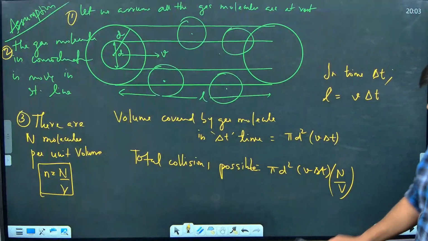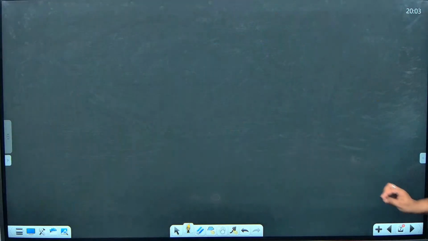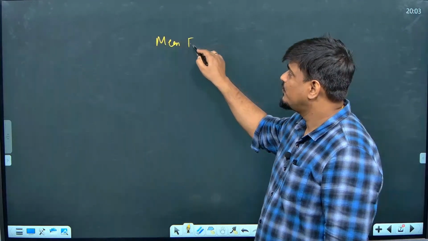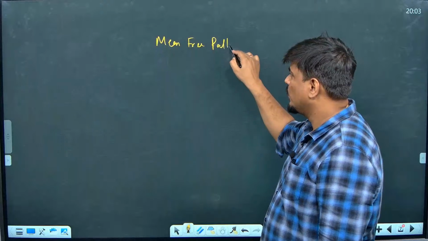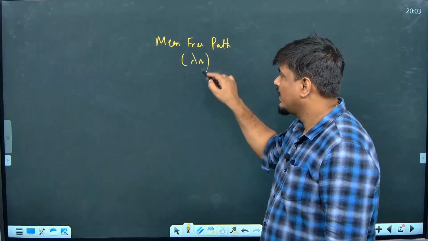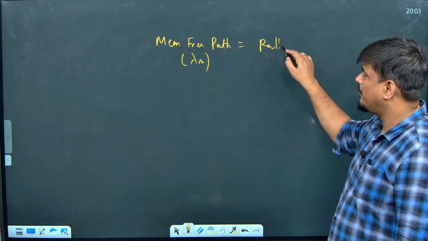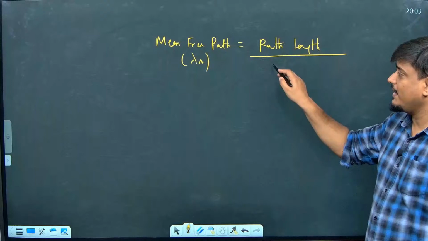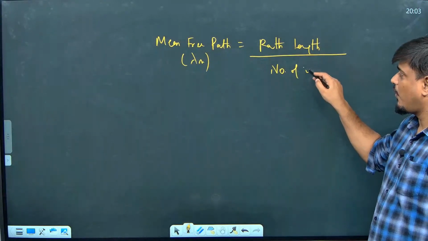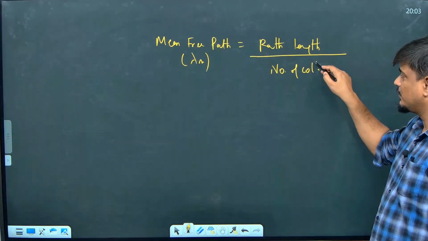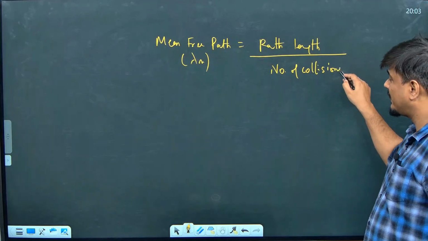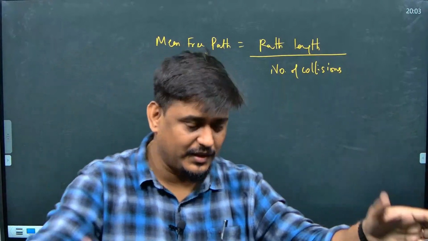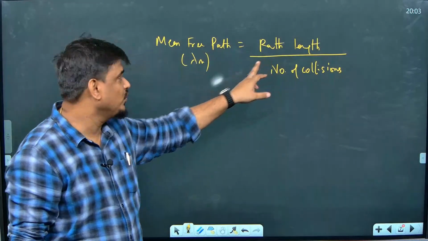Now see what I am writing and tell me whether it is right or not. You think and say, okay. I am writing mean free path, which is actually lambda m, will become equal to total path length, which is L in this case, divided by number of collisions. Do you agree with me? Path length will obviously be equal to what?